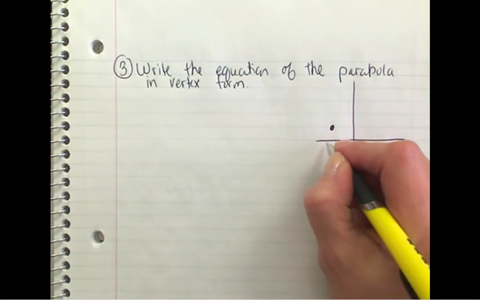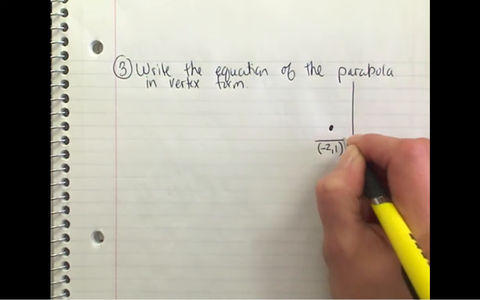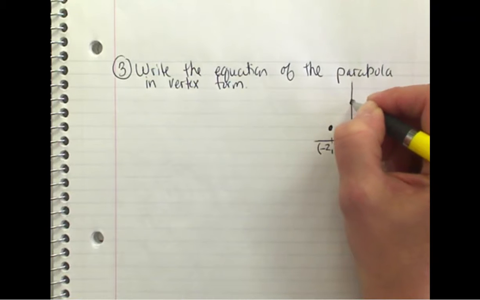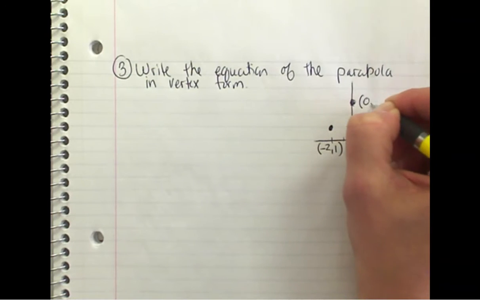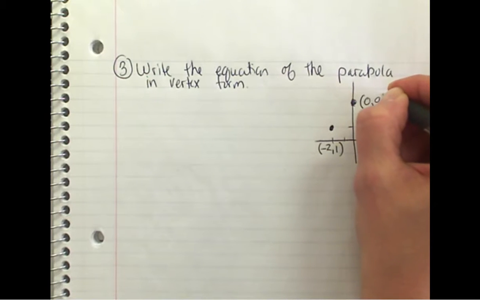Okay. Let's go with this point is negative 2, 1. And this point is 0, 9? Sure, why not?